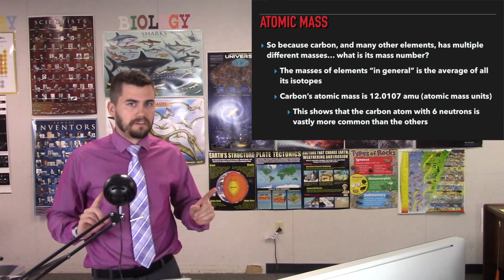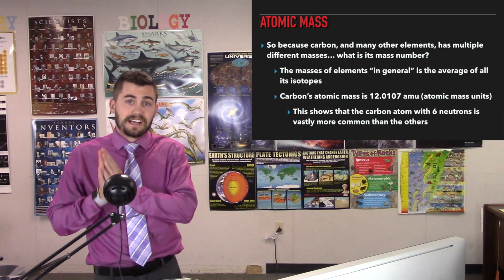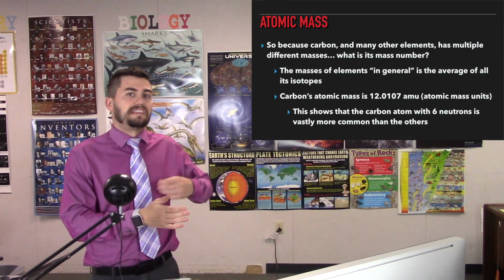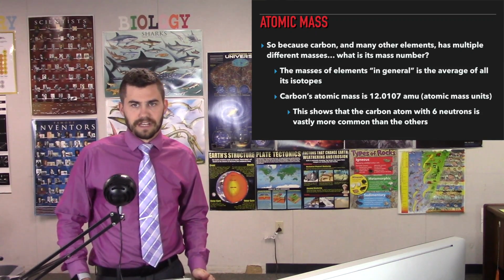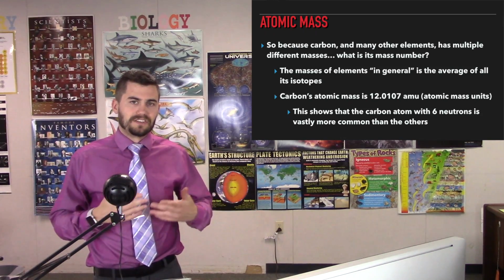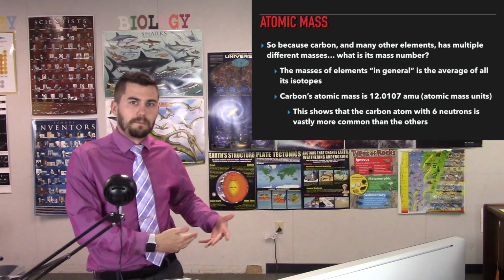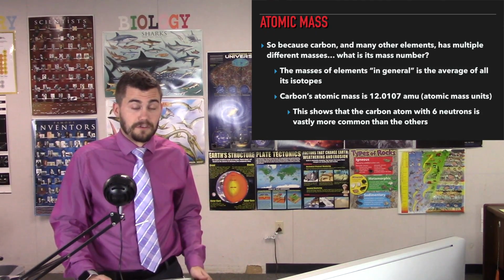They're so close to each other that we can just say that they're identical. So an atomic mass unit is the mass of one proton or neutron, because they're virtually identical. So the 12 here in carbon just means a total number of 12 subatomic particles, protons or neutrons.